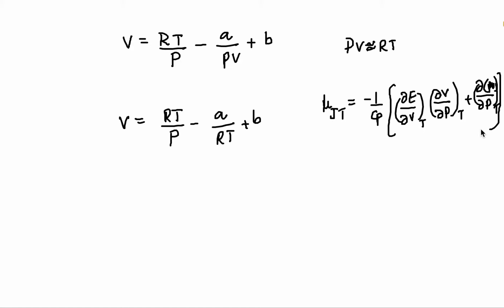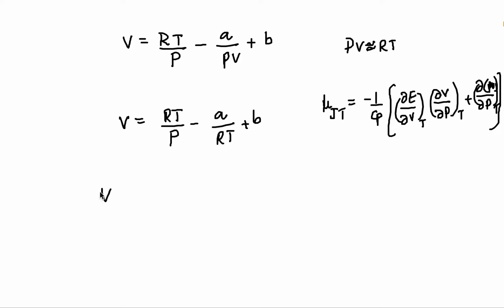This is what we have. This is what we need to find out. So now I have this expression, and what I do is try to do differentiation with respect to T on both sides.